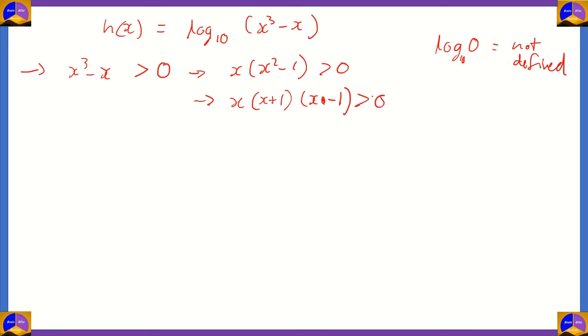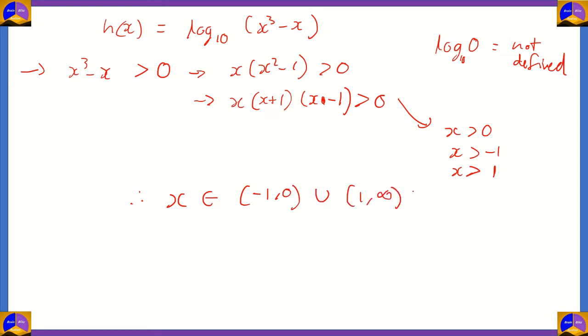So from here you will get x is greater than 0, x is greater than minus 1, and x is greater than 1. So you get all of these values. So therefore you can write that x belongs to the open interval minus 1 to 0, union open interval 1 to infinity.